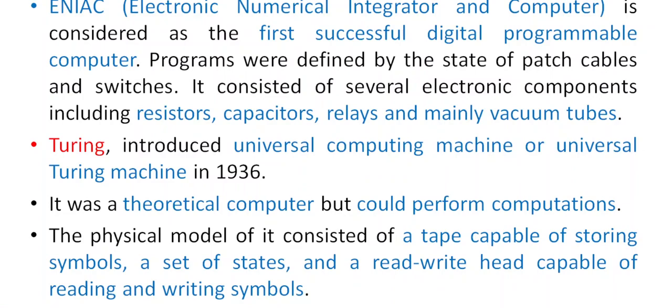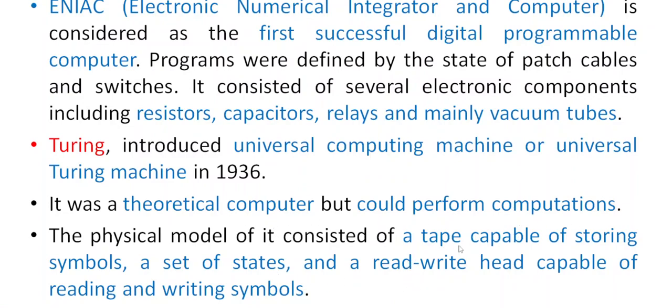And the great contribution came in the form of Turing. Turing introduced what is called the universal computing machine, or universal Turing machine. It was a revolutionary change. It was a theoretical computer, not a computer which is built. But the beauty here is you could perform different computations using it.